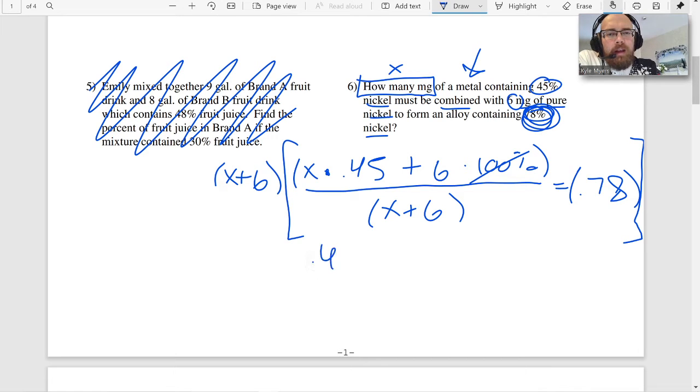I'd have 0.45x plus 6 equals, right, because the x plus 6's would cancel, 0.78 times x plus 6. So 0.78 times x and 0.78 times 6. Didn't feel like doing that in my head. That is 4.68.